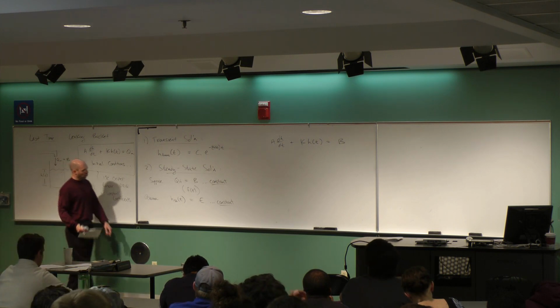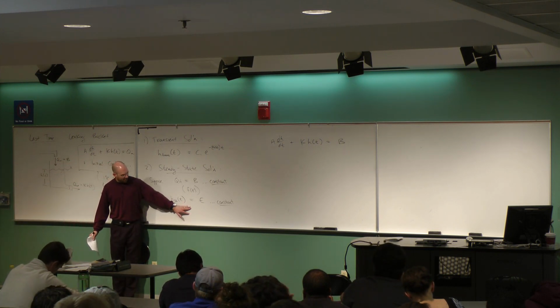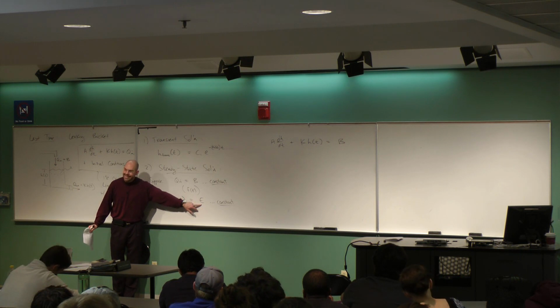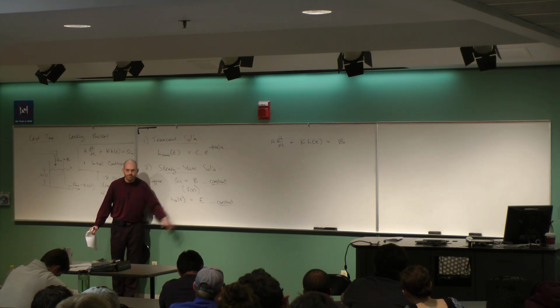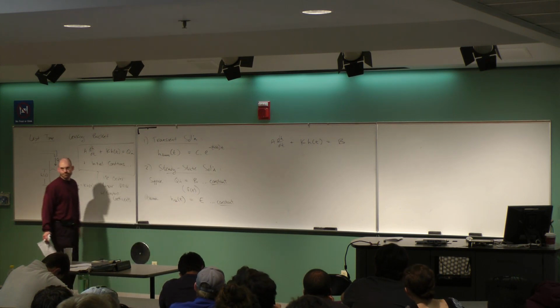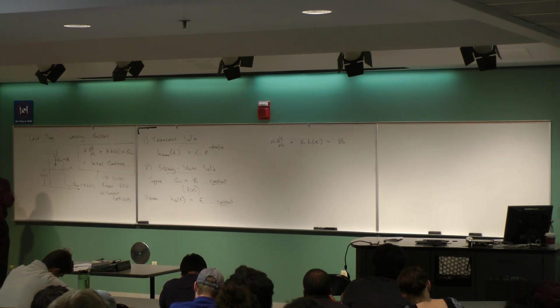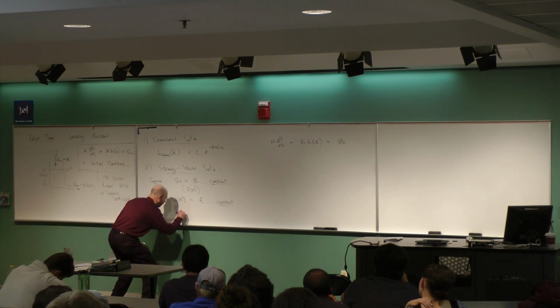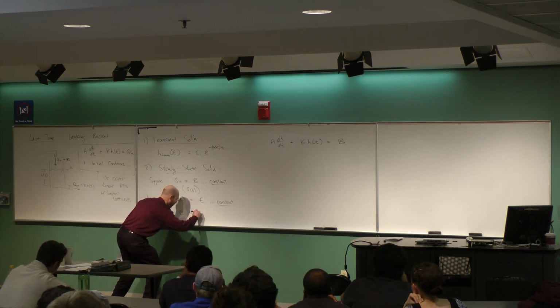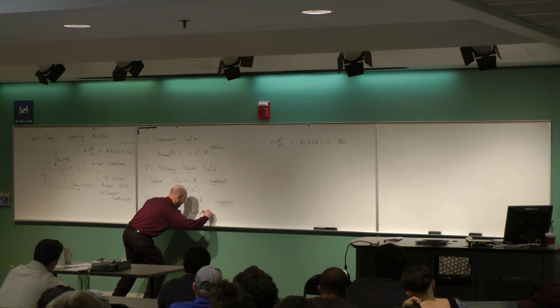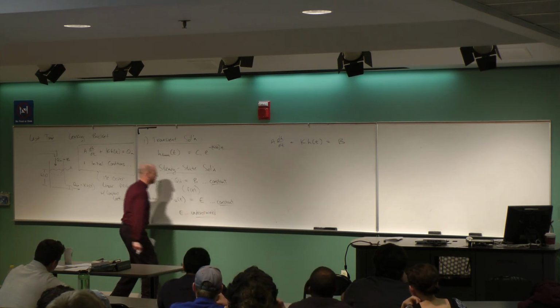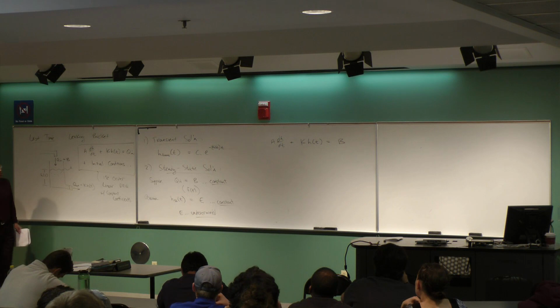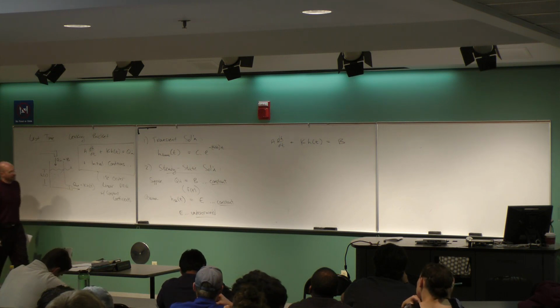So if I assume that the answer is of the form E, how do I figure out what E should be? Right, because right now, E is undetermined. We don't know what it is yet. We're just saying, hey, this is an undetermined value that we're going to have to find.